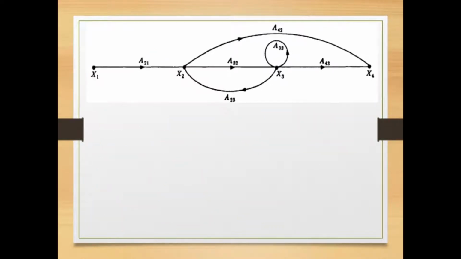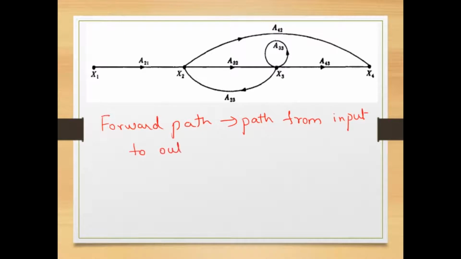Next is the path. In a path we shouldn't have repeated nodes. We have the forward path and the feedback path. First we will see the forward path. The forward path is nothing but the path from input to output. If you observe here, you have two paths.